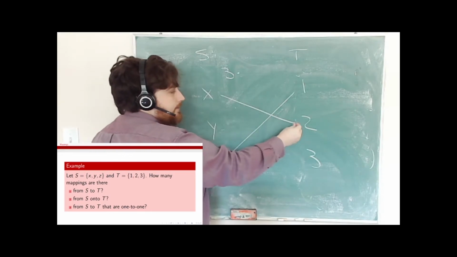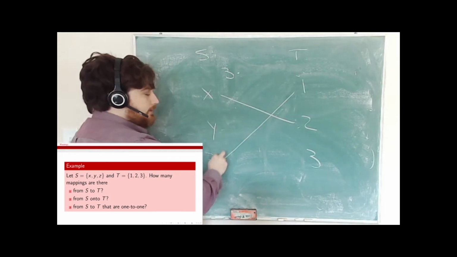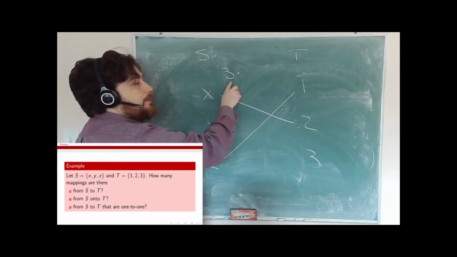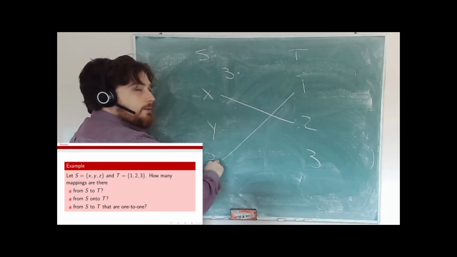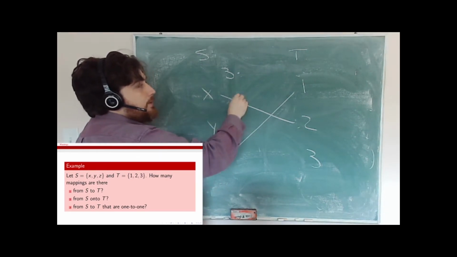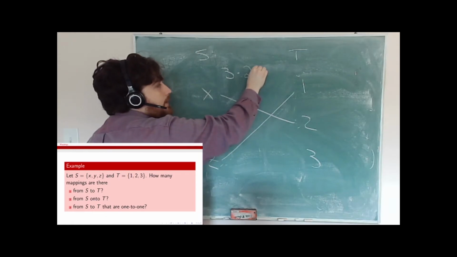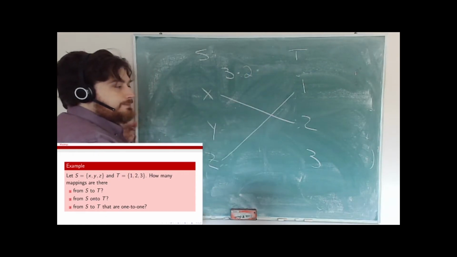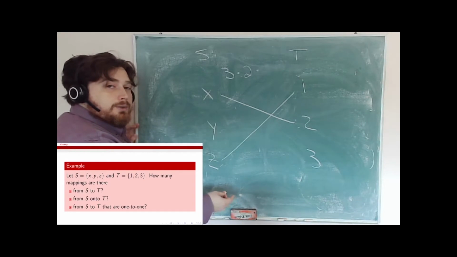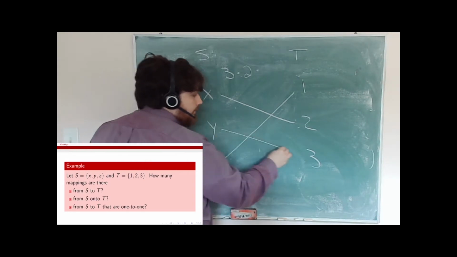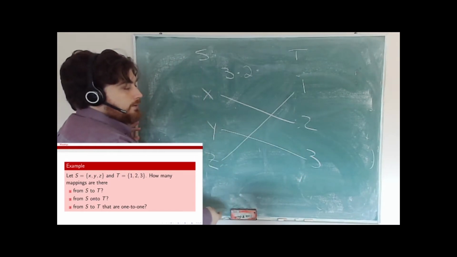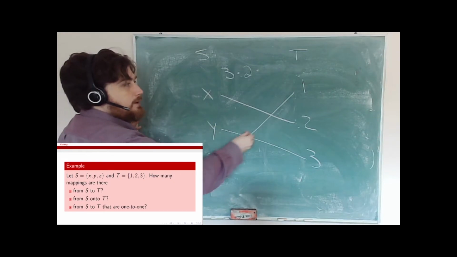So let's say X goes to 2. So far what I have is I picked what goes to 1, I had 3 options. Since I've already defined what went to 1, I can't pick that for what goes to 2, so I'll have 2 options for what goes to 2. Now once I get to 3, I only have 1 option left. Y would have to go to 3 because the other ones have already been used.